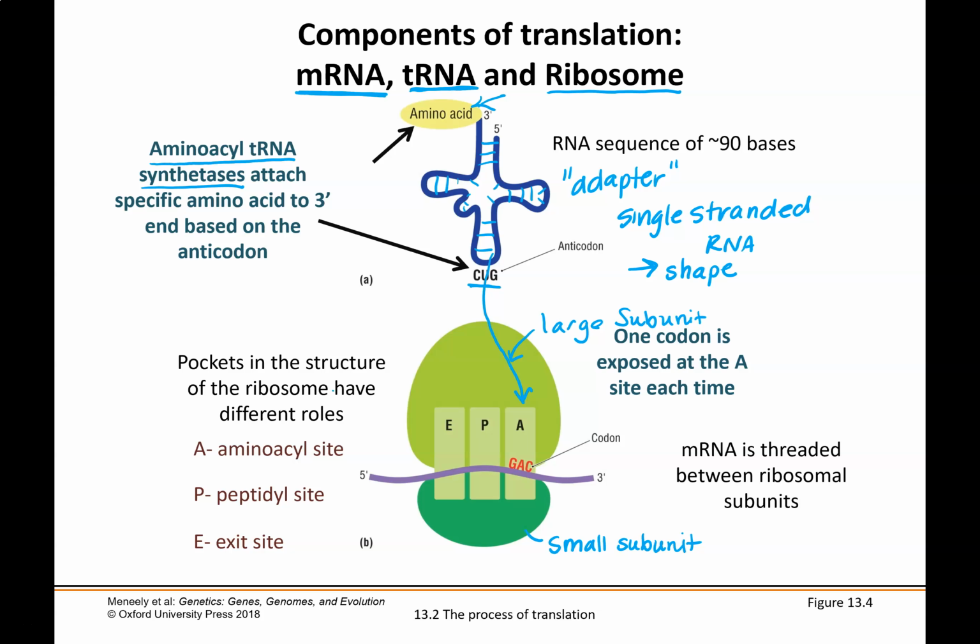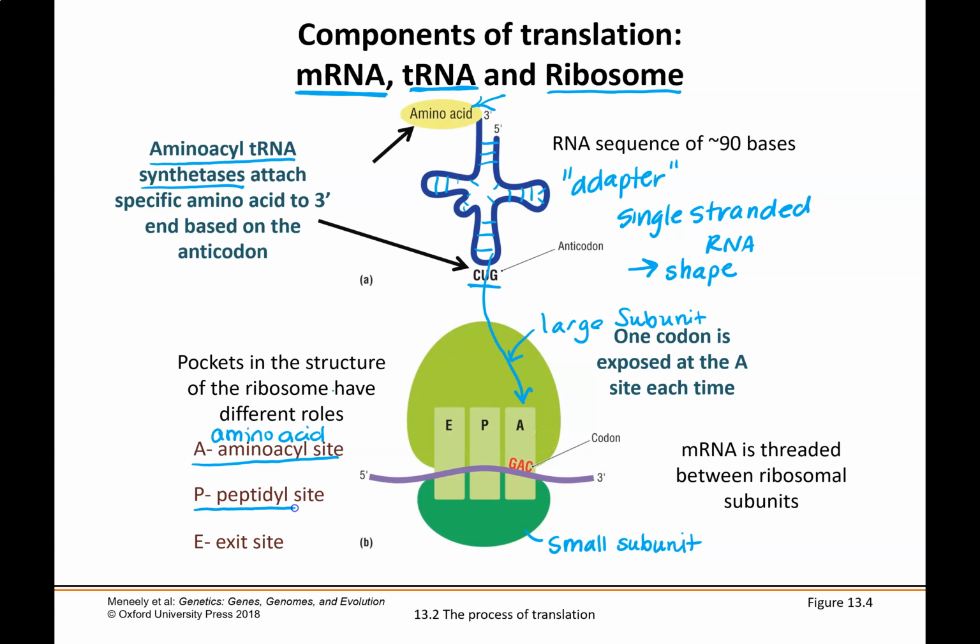Within the ribosome, there are some essentially pockets or grooves in the structure that have specific roles. The first site, the A site, the aminoacyl site, I like to remember this one as the amino acid site, just because it's easier to remember, but it is called the aminoacyl site. The amino acid site is where the tRNA actually comes in and brings the next amino acid.